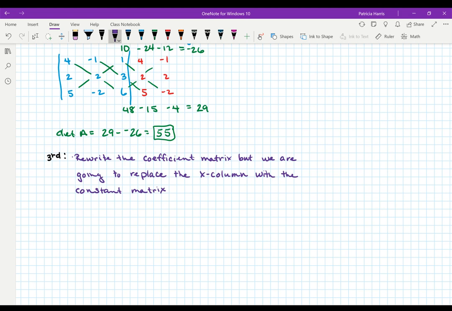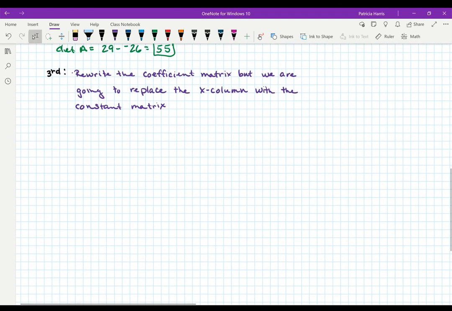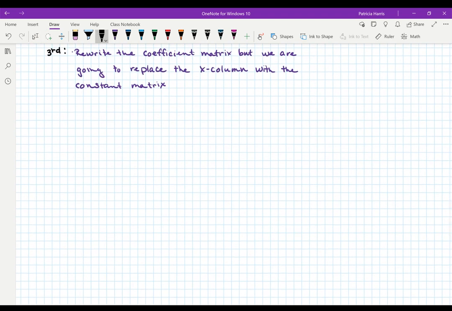Okay, so let's go ahead and do that. And there's another step that we have to do. So my first column becomes 12, 1, 22, and then -1, 2, -2.